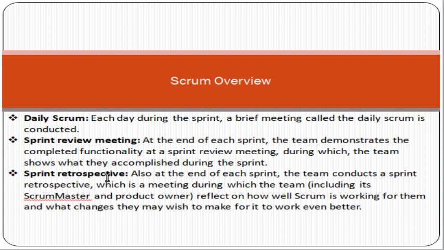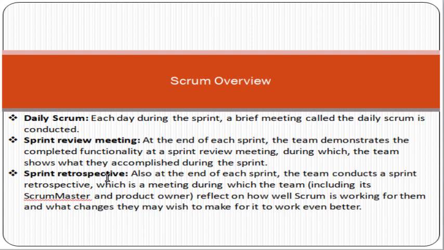Sprint retrospective is a meeting held after completing the sprint review meeting, like after showcasing your work to the customer. After completing the sprint and showcasing the work to the customer, we discuss what went wrong, what went right, what things we should repeat in the next sprint, what things we should not repeat, and what mistakes we have to learn from.